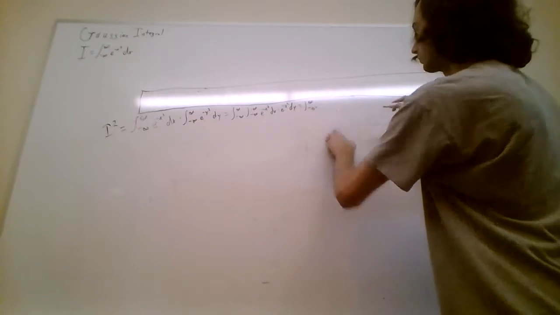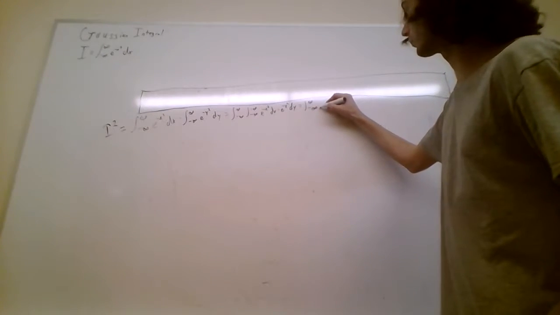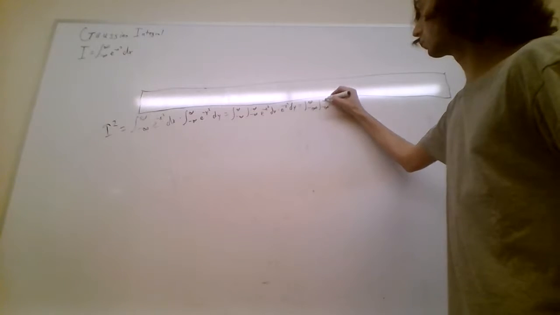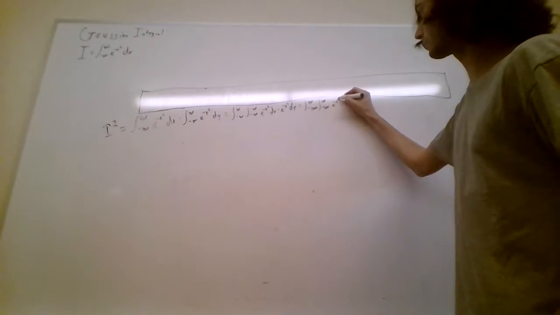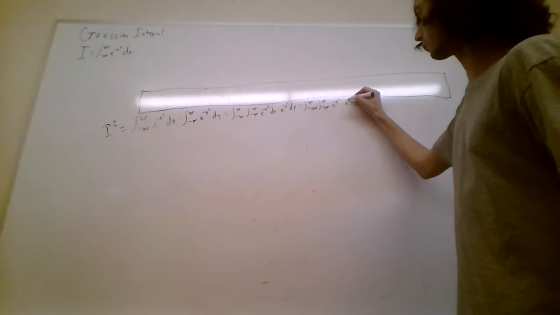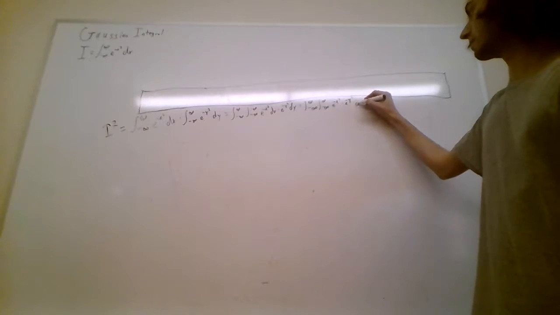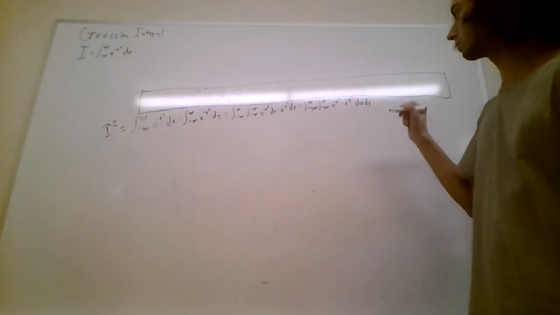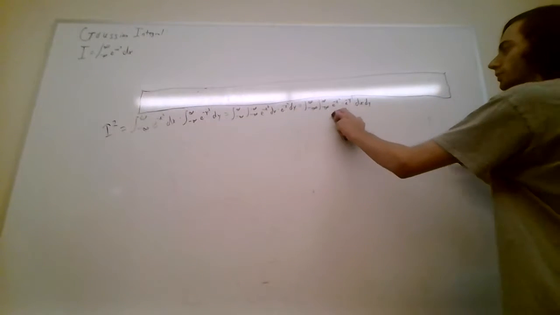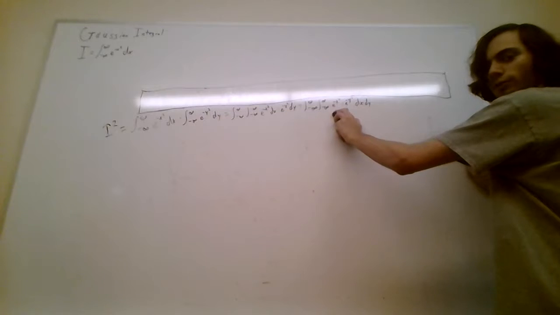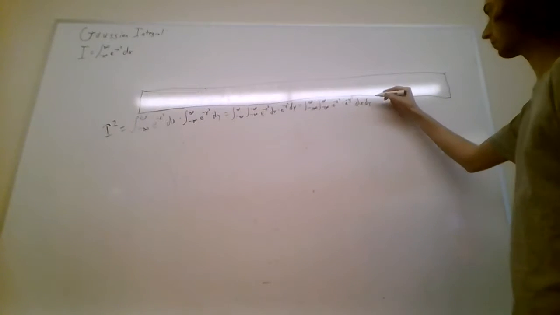We get another integral, negative infinity to infinity of e to the negative x squared times e to the negative y squared, dx dy. Hope you can see that. When you multiply two bases with different exponents, you add the exponents. I'm going to do that.